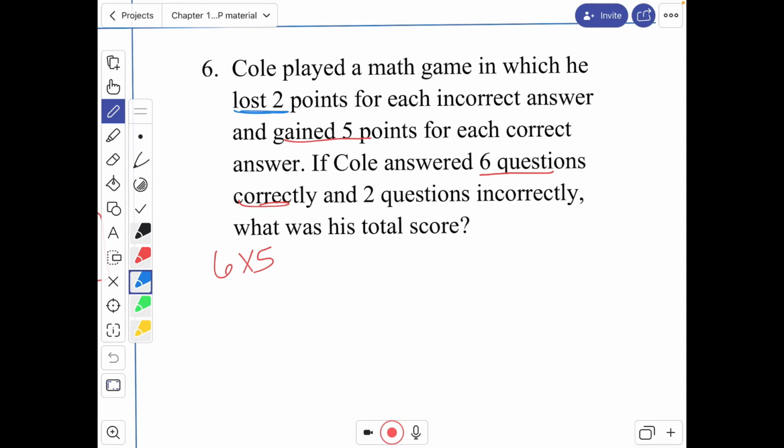And then he loses 2 points for each wrong question, so 2 times -2 because he's losing. 6 times 5 is 30, and 2 times -2 is -4. So 30 minus 4, his total score is 26.